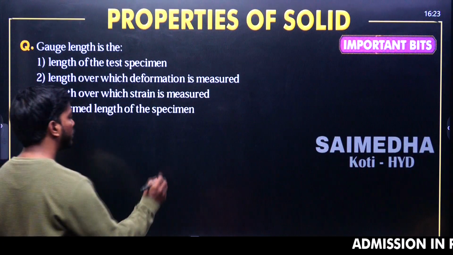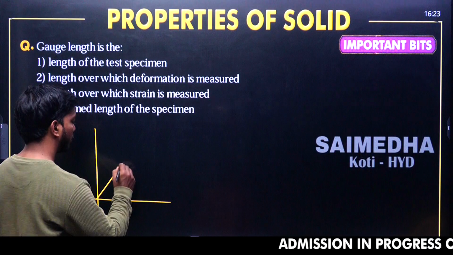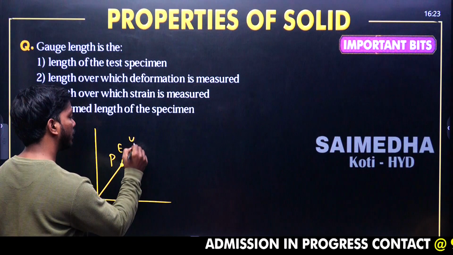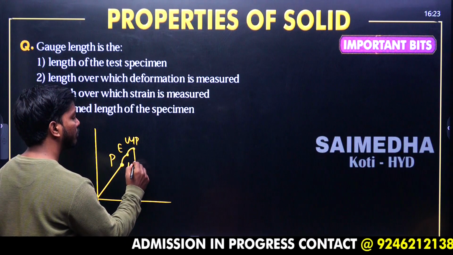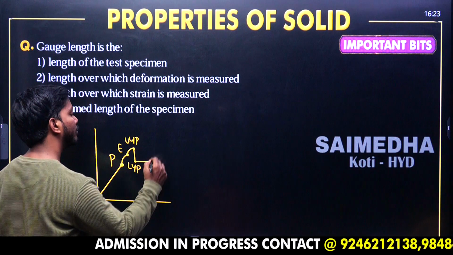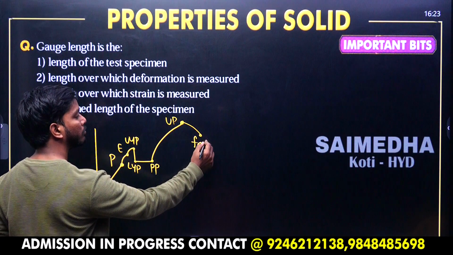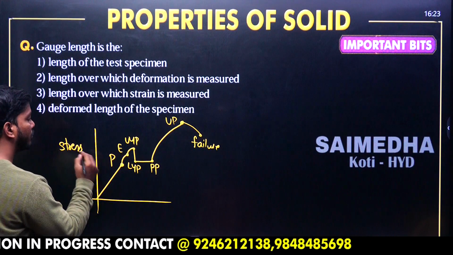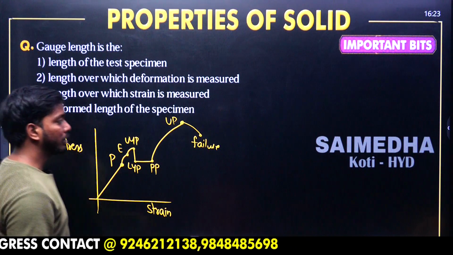Okay. We discussed this stress strain diagram for the tension test. Here we will have the proportionality limit, then elastic limit, then upper yield point, lower yield point, then plastic point, then ultimate point, followed by failure. This is called the stress strain curve, or load versus elongation curve.